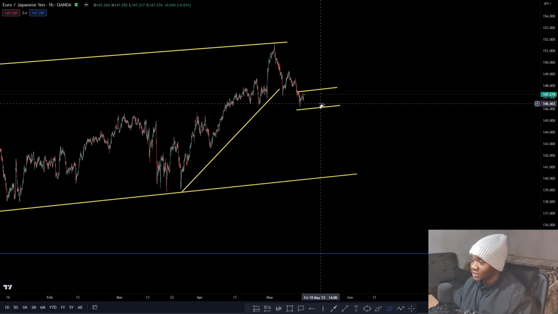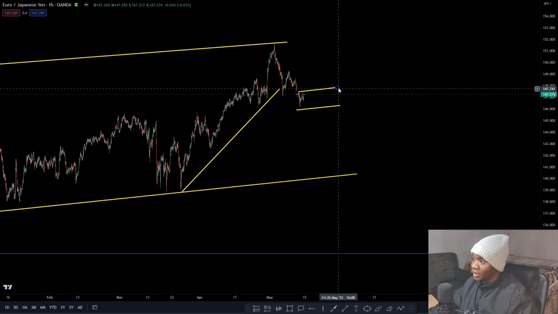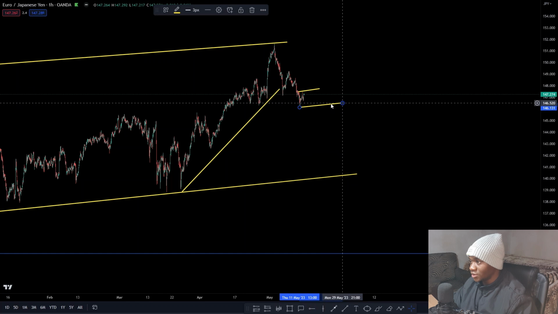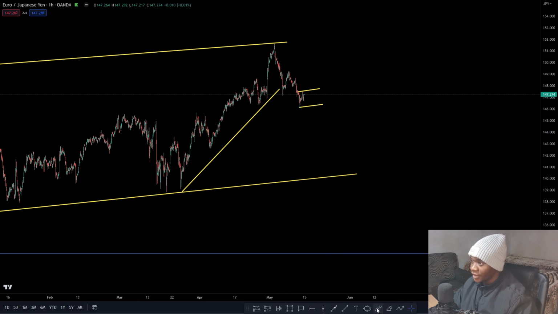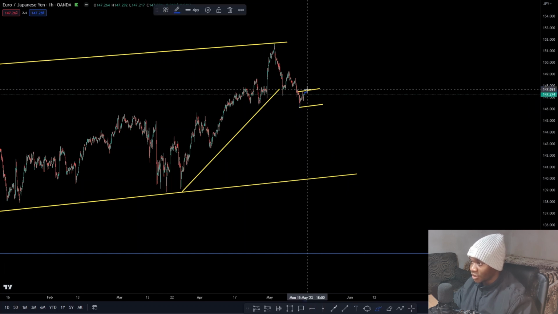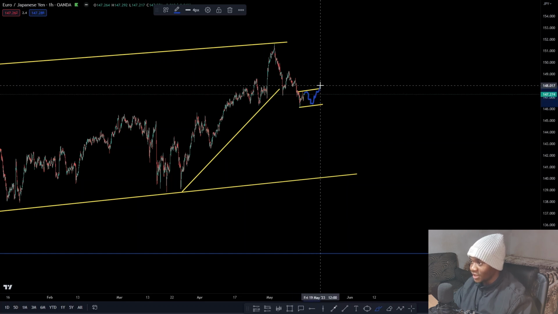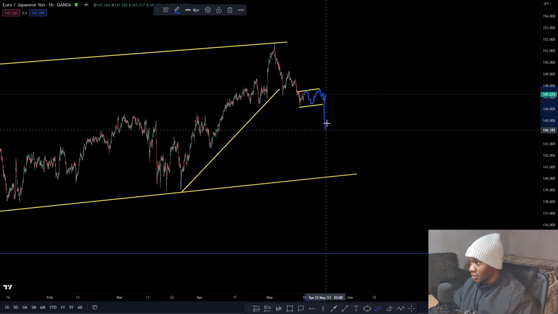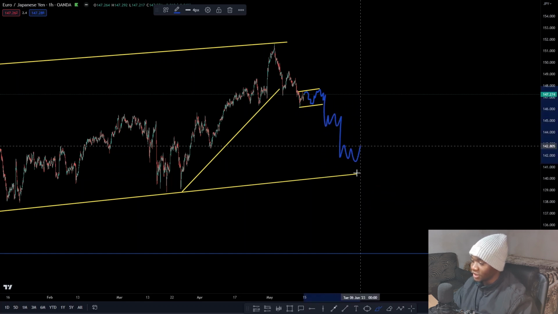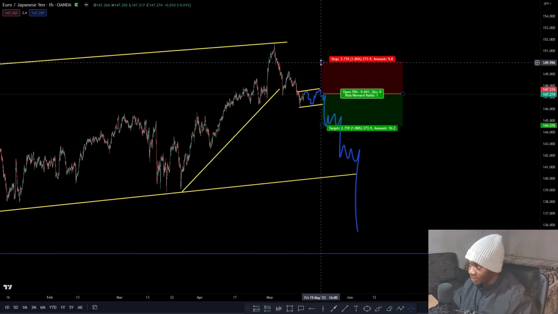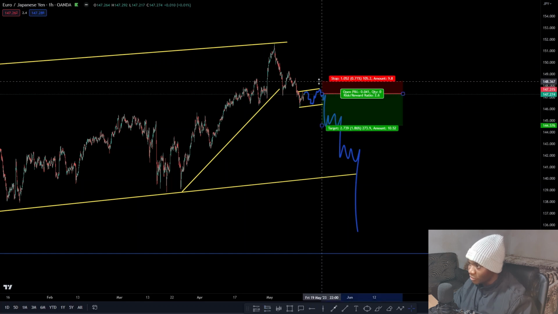So just to tidy it up on the 1 hour, I'm not really looking for a big correction. If I can find price pushing up, coming down, moving up once more to give me that third touch, then definitely I will enter, and then I will be taking it to the downside, meaning my entry will be something like this, and then 105.